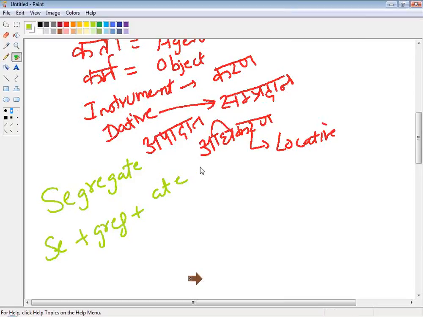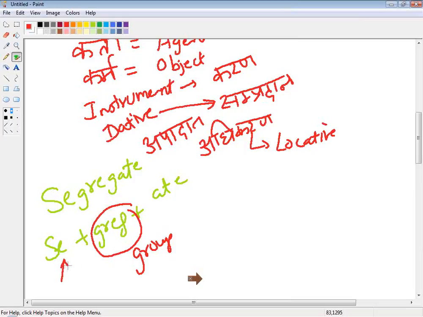Sanskrit actually does this very well, but because I think everybody knows English better, I'm starting there. What is this greg now? The word greg means a group. So when there's a word greg in your English word, it means there's a grouping somewhere.